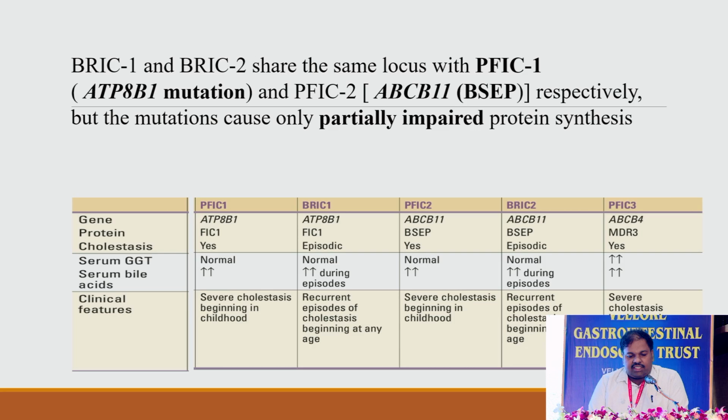And genetically, it shares the same genes as PFIC, that is progressive familial intrahepatic cholestasis. Both BRIC1 and PFIC1 share the same ATP8B1 gene, and similarly PFIC2 and BRIC2 also share the same gene. Usually it is differentiated clinically by age only and by liver biopsies.